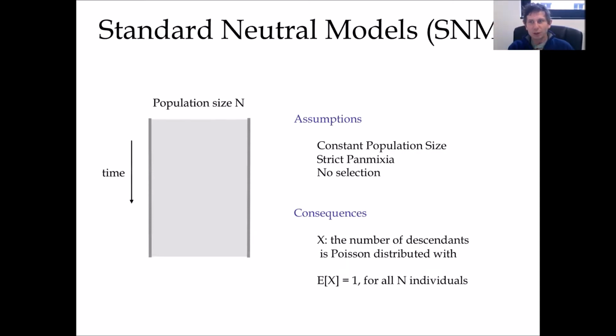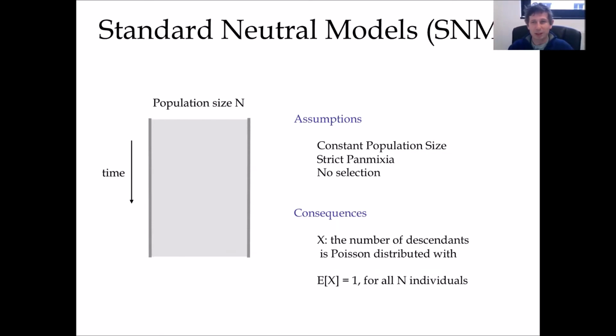The standard neutral model is the model assuming that when you model a population, you have to assume that the population size is constant. And that's my gray tube here. As time passes by, the population size doesn't change. The mixing between the individuals is full, say complete.